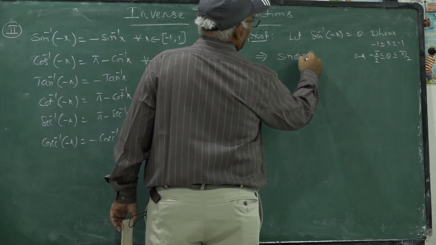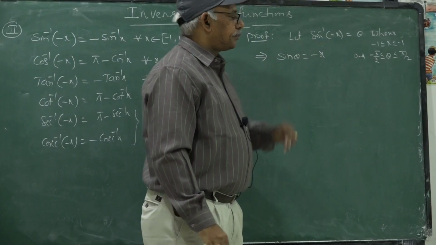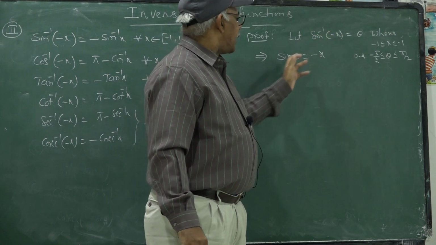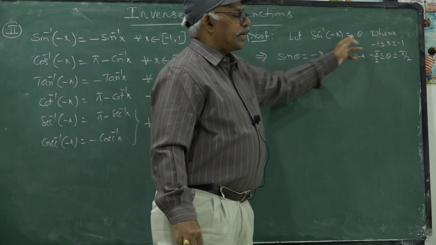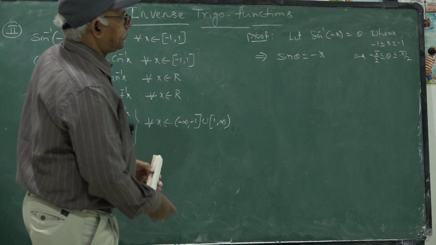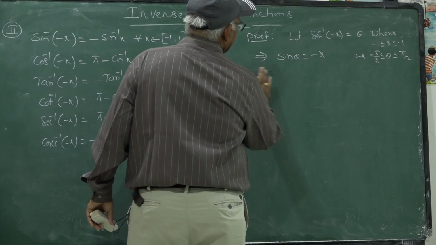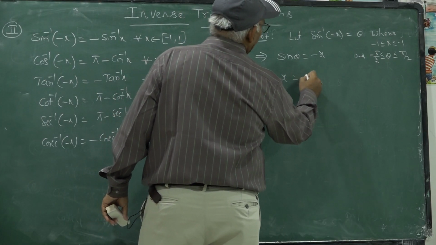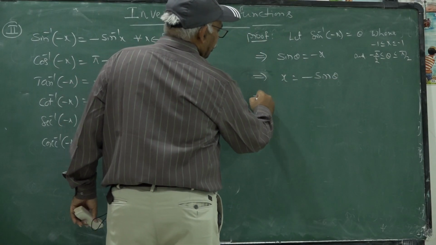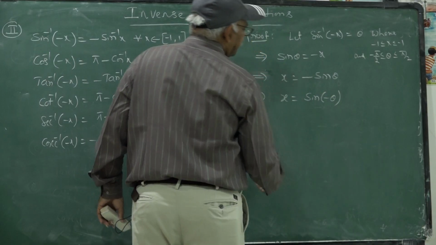sine theta becomes minus x. Once you apply sine on both sides, sine of sine inverse gives us minus x itself, and it becomes sine theta equal to minus x. That implies x takes the value minus sine theta, which implies x equal to sine of minus theta.